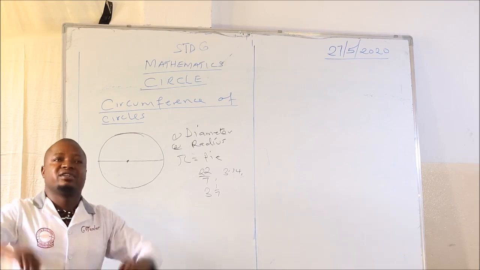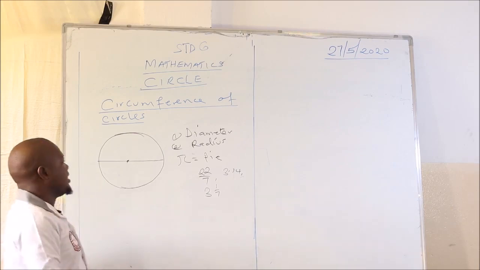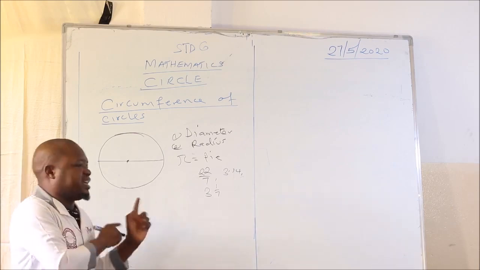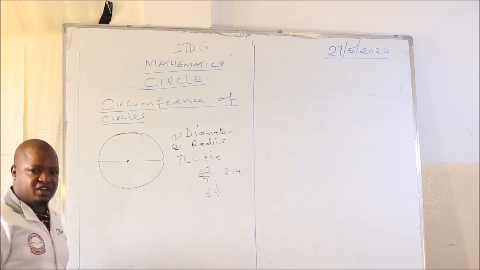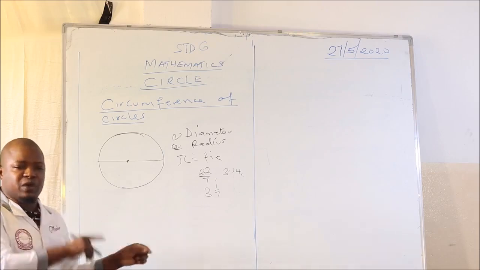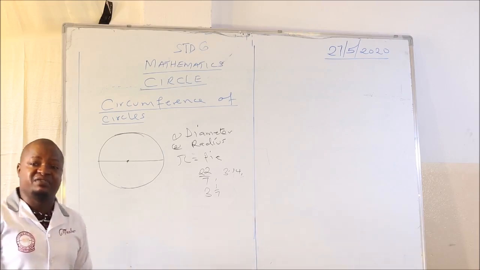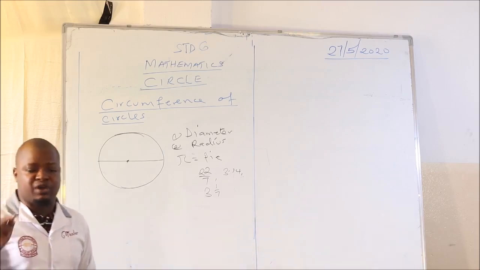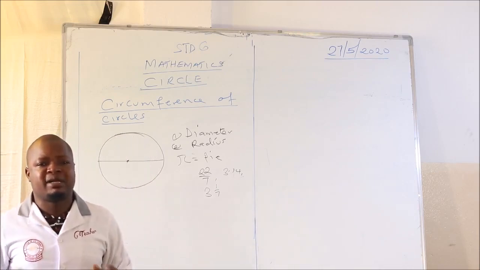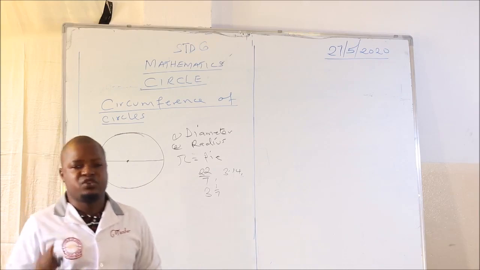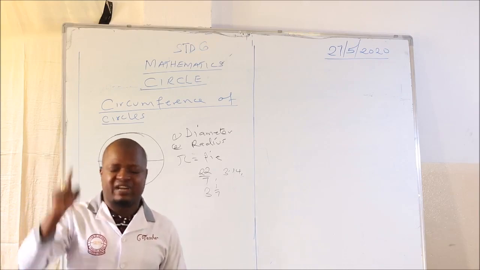Unless you are instructed to find the circumference of the given shape, in our case a circle, using pi 22/7. So if they tell you to use pi 22/7, even if the diameter is divisible by 7 or not divisible by 7, you have to use 22/7.